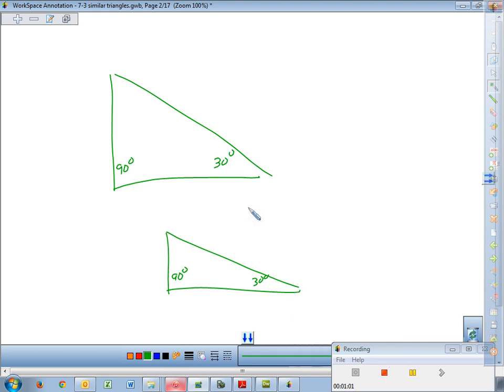Because don't I have 1 set of angles congruent to each other and another set of angles congruent to each other? Why don't I need the 3rd set? Because you know what it has to be already, right? If this is 90 and this is 30, what does this one have to be? 60, and then doesn't that force the hand up here? You only need to know 2 angles out of the 3 because the 3rd one is just a moot point.